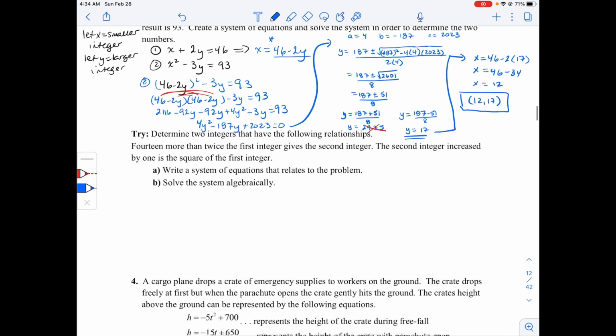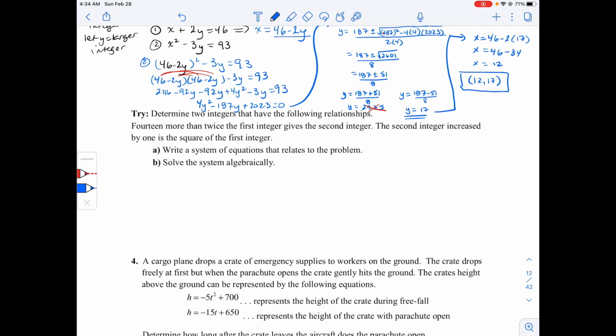And if you'd like to try the next question, it says determine two integers that have the following relationships. 14 more than twice the first gives the second. Okay, so as an equation, if I were to define those variables, the first and the second, let's just create our two equations to begin with, part A here. 14 more than twice the first, so I'm going to start with my first. 2 times the first, 14 more than that will equal the second, okay?